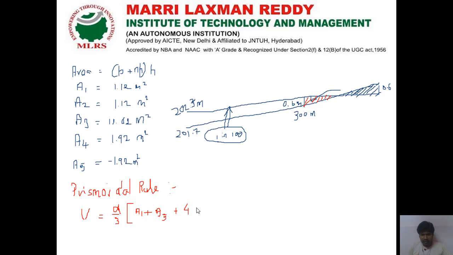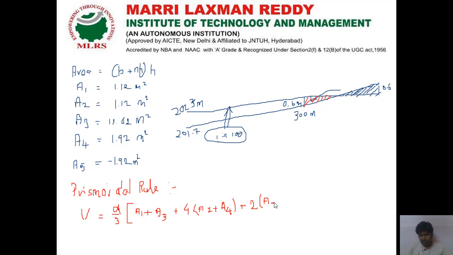Here A2 and A4 are the even ordinates, so 4 into A2 plus A4, plus 2 into remaining odd ordinates, that is only A3 available here.